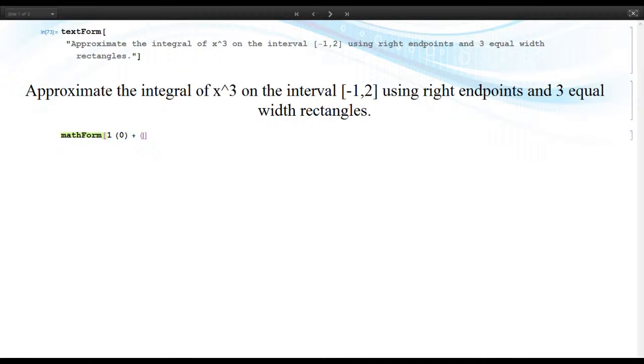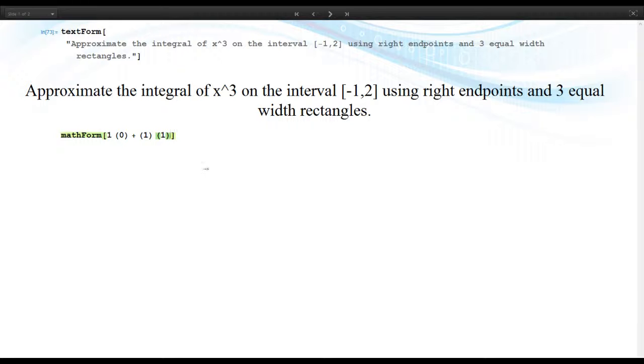So we have a width of 1 times a height of 1. So our first rectangle had no height and a width of 1. Our next rectangle had a height of 1 and a width of 1.